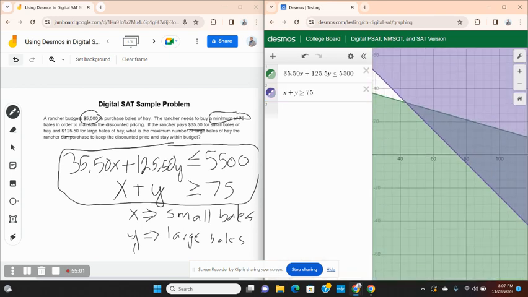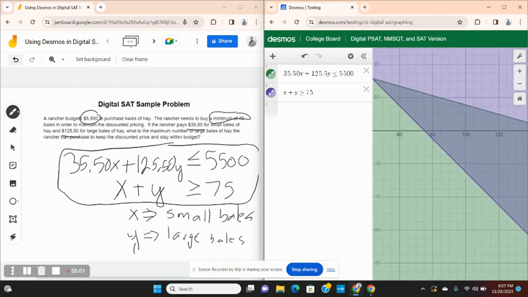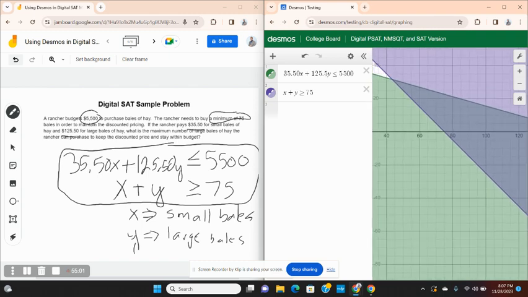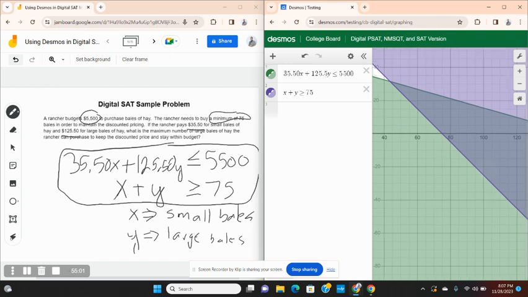Now if you notice, we get another shaded region. The purple shaded region gives us the range of what we can buy and get that discounted price. So where the graph is shaded both green and purple, the intersection of both shadings, that is what would allow me to stay within budget and also get the discounted price.